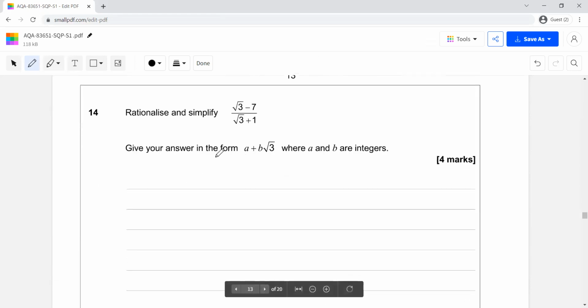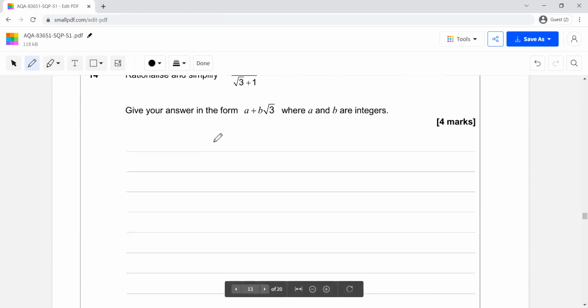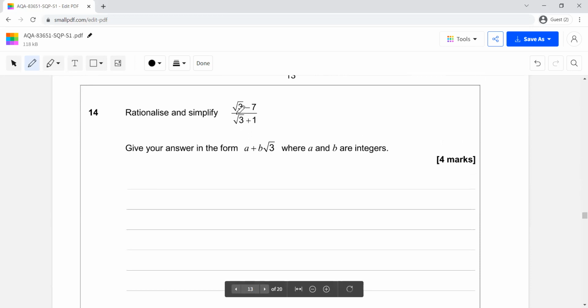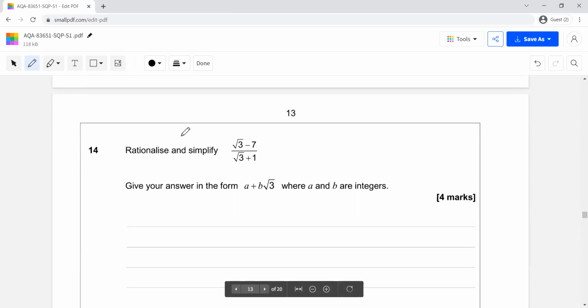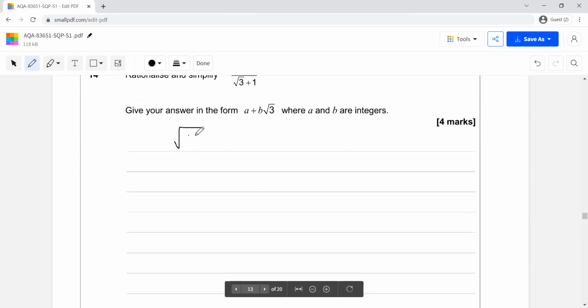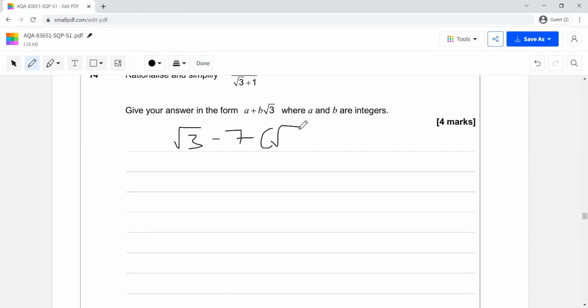Question 14. Rationalize and simplify. Straight away, I'm going to multiply the top and bottom by the conjugate of root 3 plus 1, which is root 3 minus 1. So I have root 3 minus 7 times root 3 minus 1 over root 3 plus 1 multiplied by root 3 minus 1.